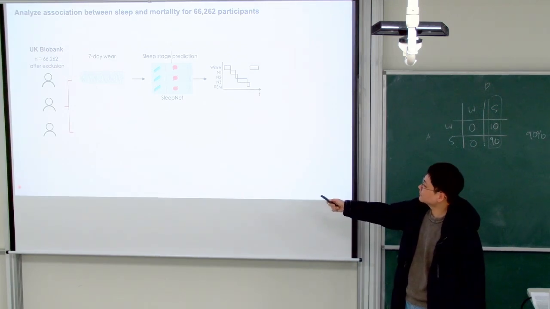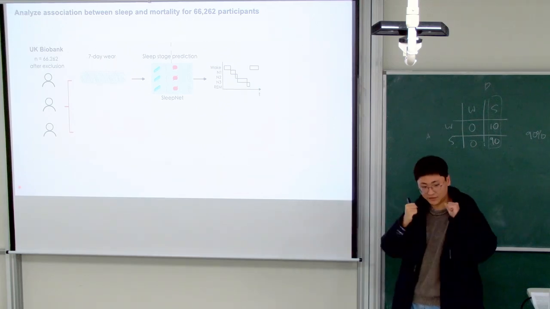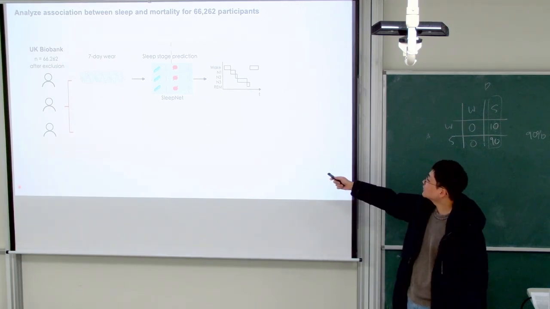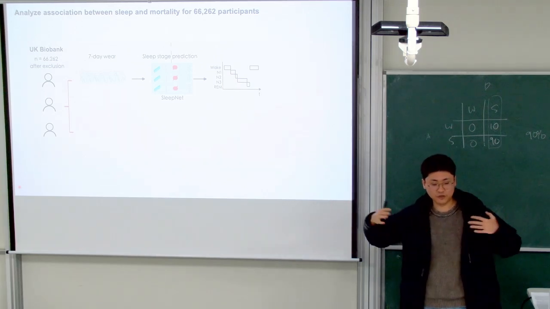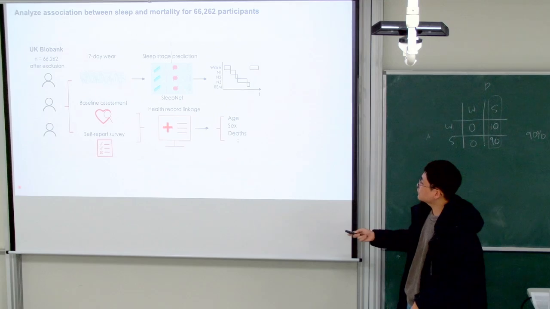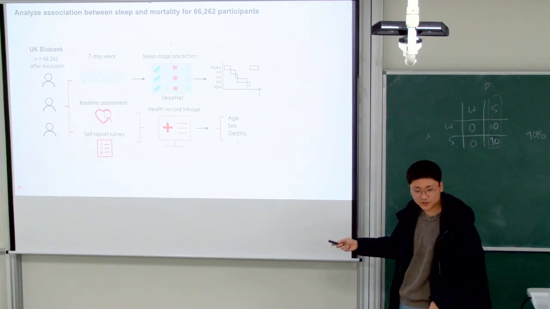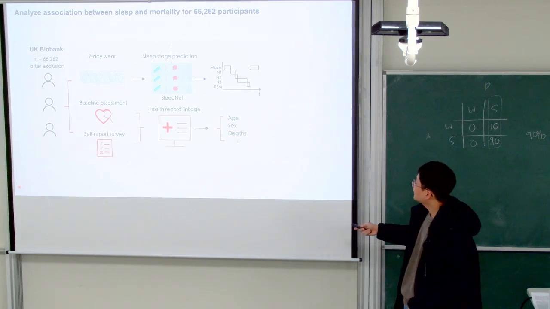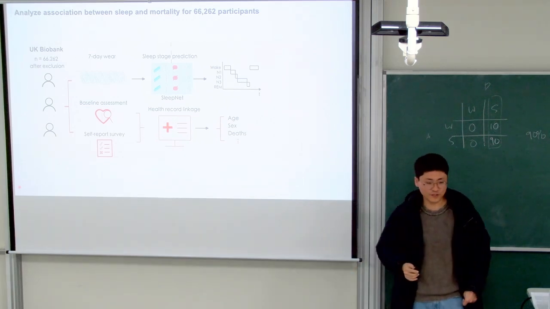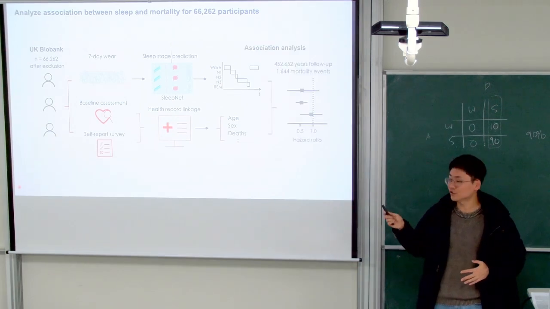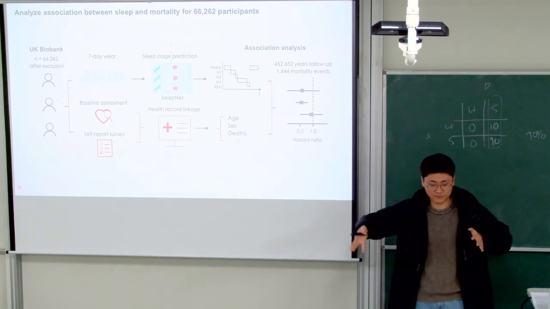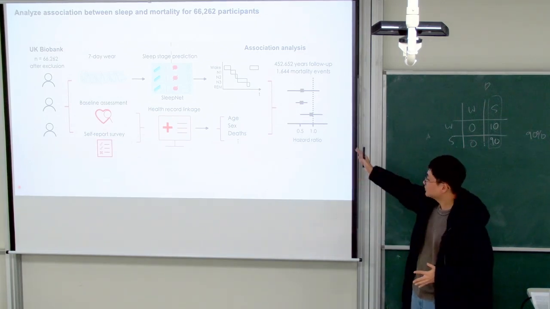For each person we can collect this 7-day accelerometer data, and by applying this prediction, we can get sleep information, like how long they slept, what the length of REM was, something like that. They also collected some self-report surveys or baseline assessments. Through some processes, they get demographics and also information about mortality. Then they analyze the relationship between sleep duration or sleep efficiency and mortality.